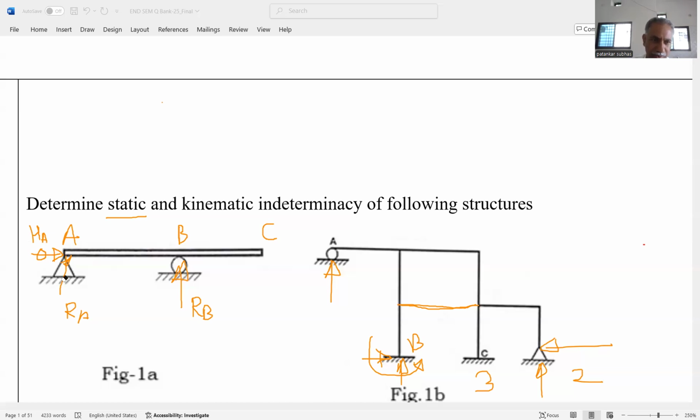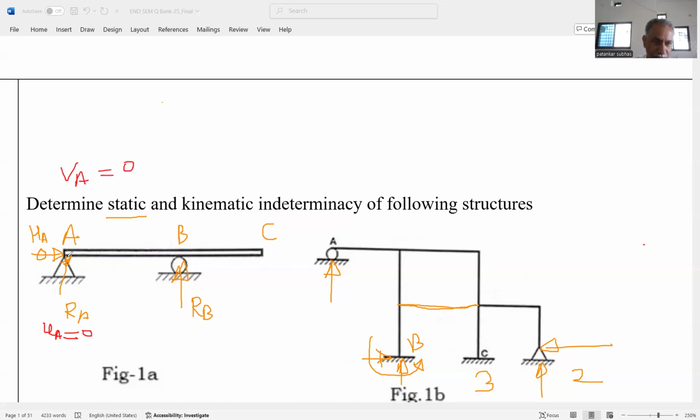And that's why the translation along the x-axis, UA, is 0. Similarly, in y direction, because of the RA, it restricts the movement along the y direction, and that's why VA is also equal to 0.